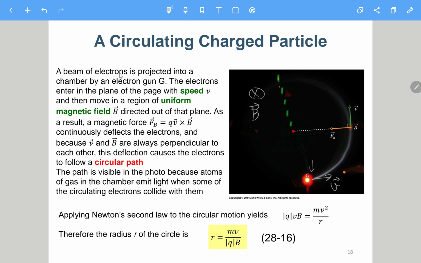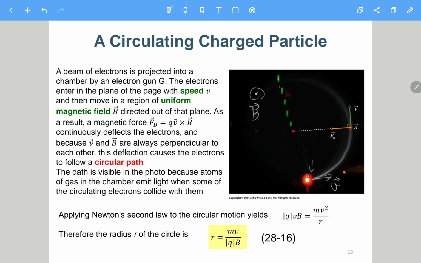Sorry, it's pointing out of the page, right? The field is directed out of the page, not into the page. Okay, it should be out of the page.